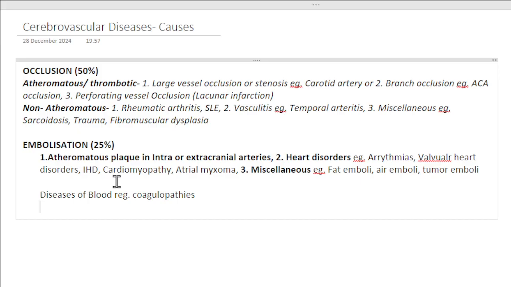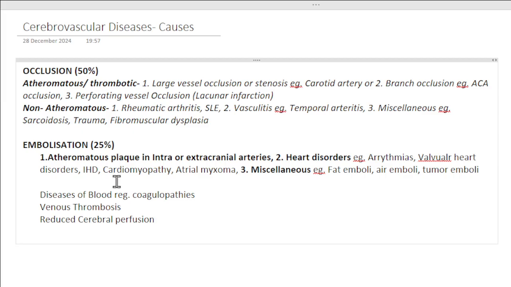Or we can take venous thrombosis, or reduced cerebral perfusion. These all can be the reason, right?